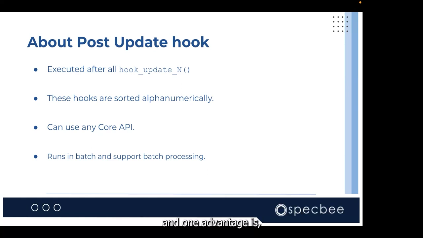And one advantage of this hook over the other update API is that here your Drupal is completely functional. When post update hooks are run, you can use any core API, like the entity API, anything. Whereas the update API has a few restrictions, like you cannot invoke hooks and all that.